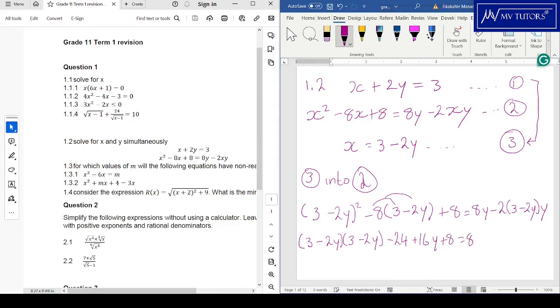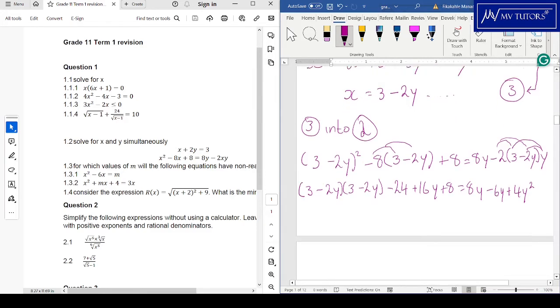This side I have 8y, and then minus 2 times 3 is minus 6. There's also a y there, so multiply the y as well, like that. So it's minus 6y, and then the next one, that minus 2 and a minus 2 multiplied will give me a plus 4, and then there's also a y there, so it's y times y, which is y squared.